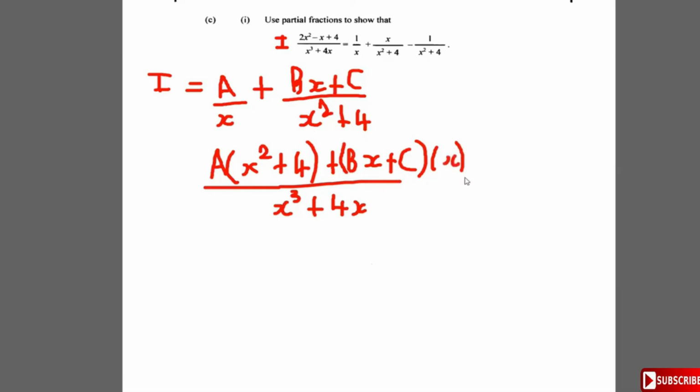Since that's what we have in the numerator, all of this will be equal to 2x squared minus x plus 4 over x cubed plus 4x.